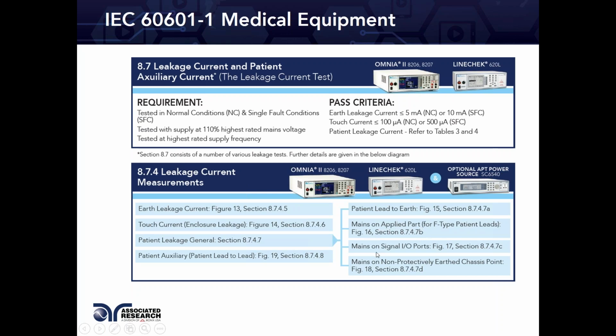There's additional requirement for signal input and output. If you have equipment that has signal input output ports on a medical equipment that could be energized, you are required to have an additional test called mains on signal input output, figure 14 and figure 17. So this says figure 17, but it could also apply to figure 14. And some other ones called mains on non-protectively earthed chassis points.